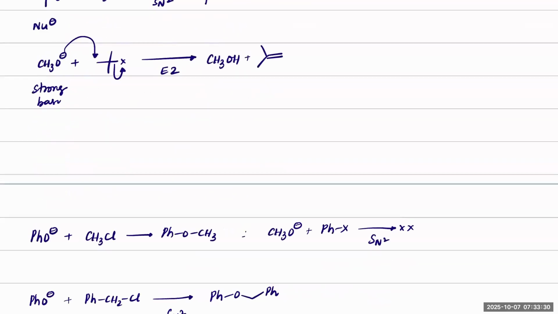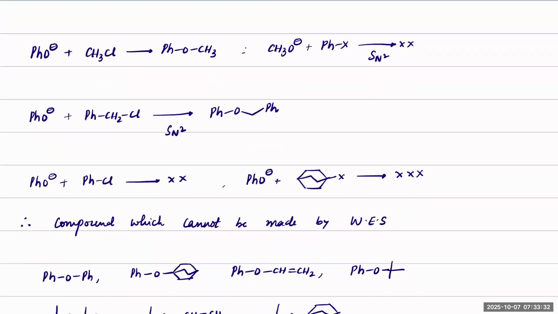Phenoxide, when it attacks, it is a simple SN2. And here this attack is not possible because it is at the phenyl position. So the phenyl group with X will have double bond character, by which there is no reaction. This is benzyl. Benzyl will definitely give you the SN2 mechanism.